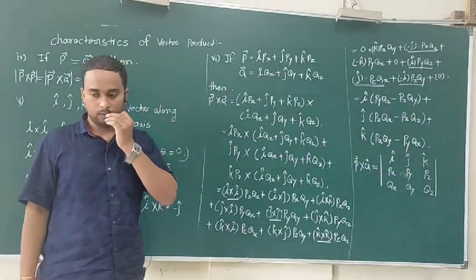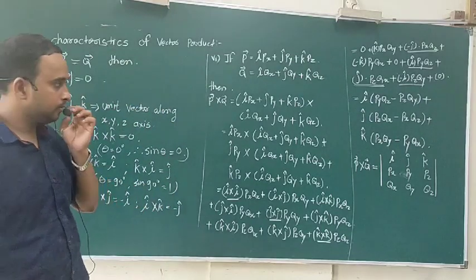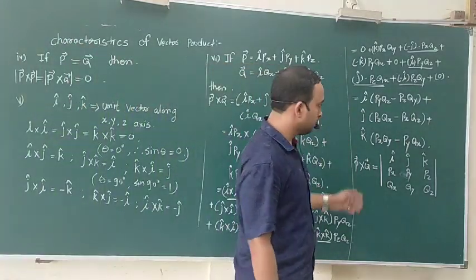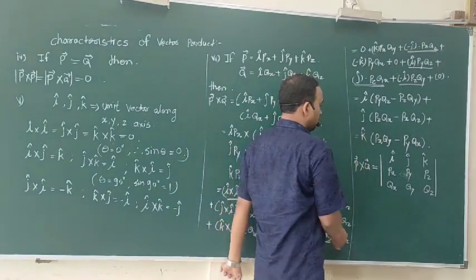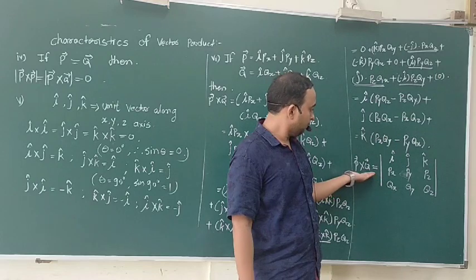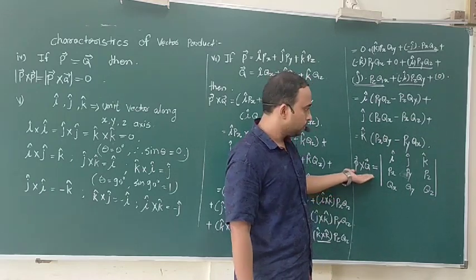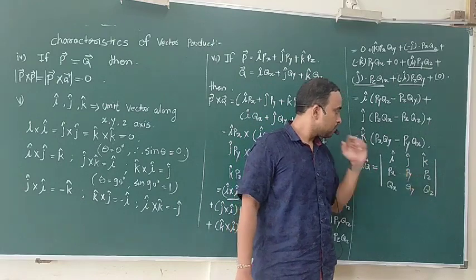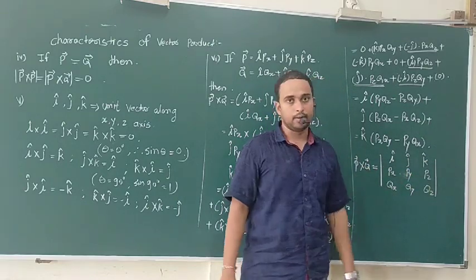So we can find it by using this. The value of p bar cross q bar also can be calculated by solving this determinant.